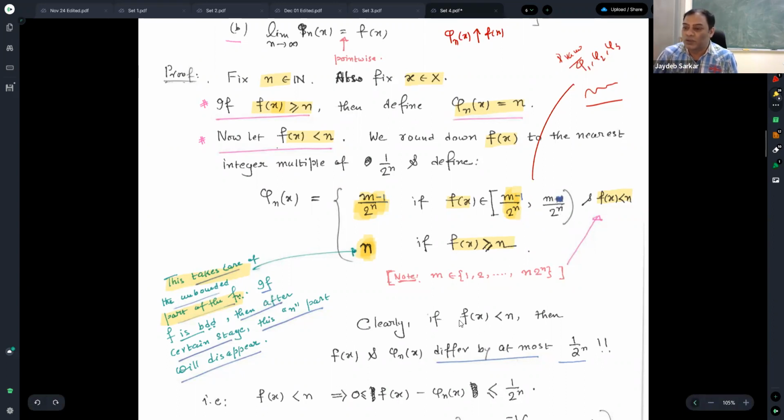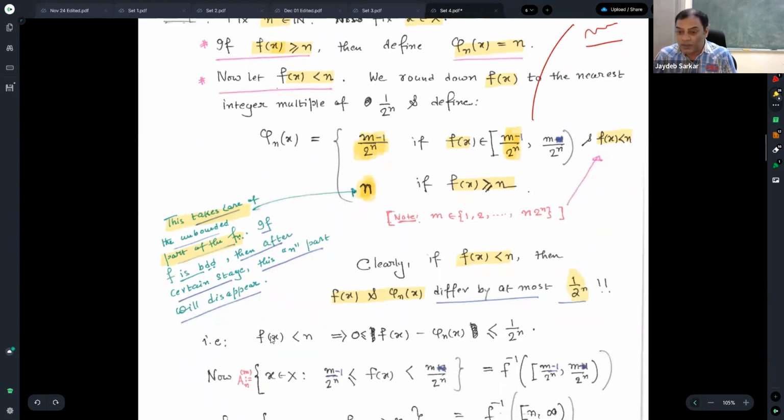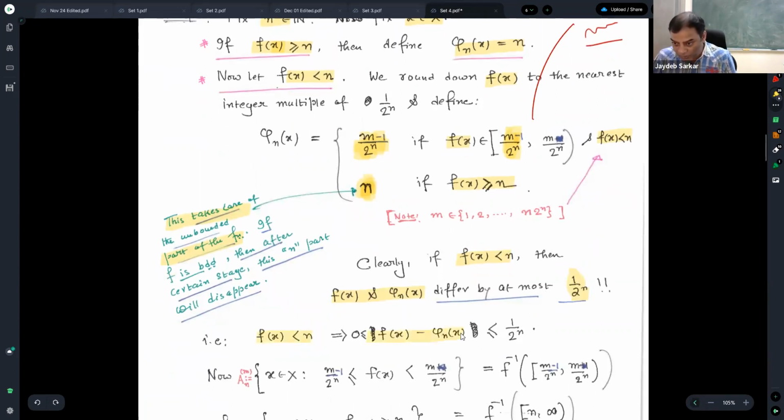So if f(x) is smaller than n, then f(x) is larger than or equal to phi_n(x), because f(x) lives somewhere in this region. So they differ by at most 1 over 2 power n. In other words, f(x) less than n would imply this difference is positive and less than or equal to 1 over 2 power n. Do you buy this?